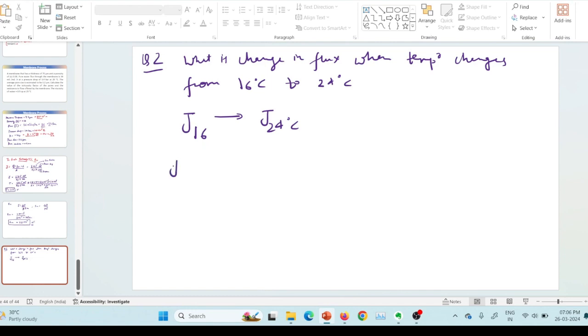The flux J is given by Q by A. We can write it as delta P by mu Rm. J is the volumetric water flux through the membrane, with a unit of meter cube per meter square per hour, or meter per hour. Q is the volumetric flow rate of pure water, in meter cube per hour.